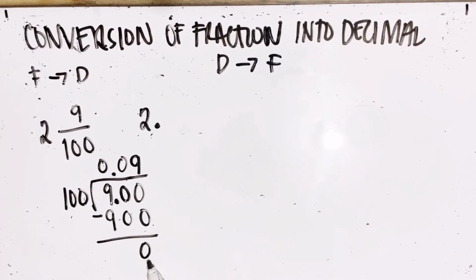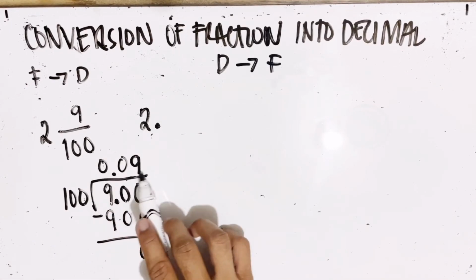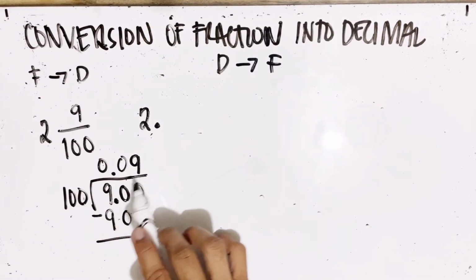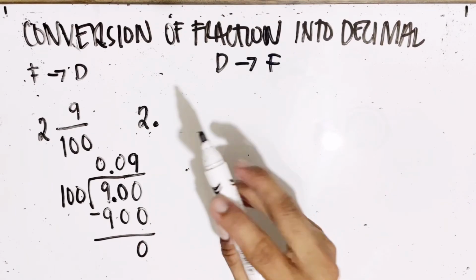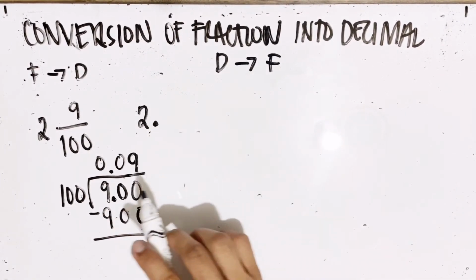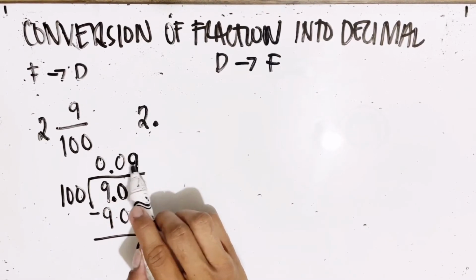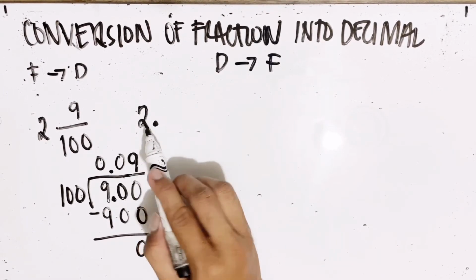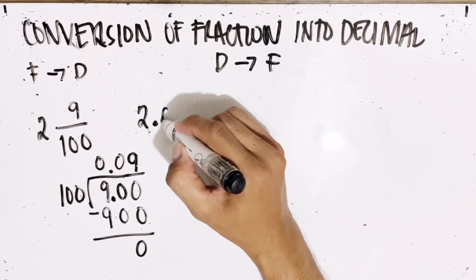So because we have 0 now as the final remainder, the quotient is our final answer. We have 0.09. So we will write only 0.09 because we have 2 already. So 2.09.